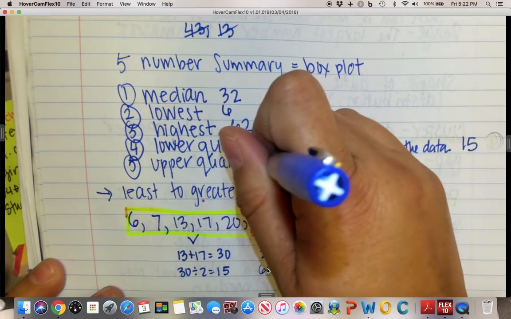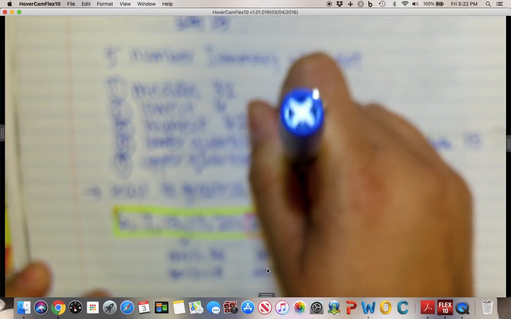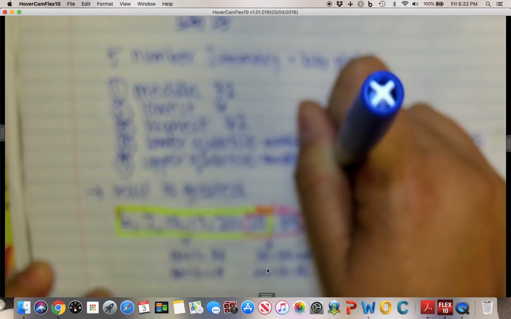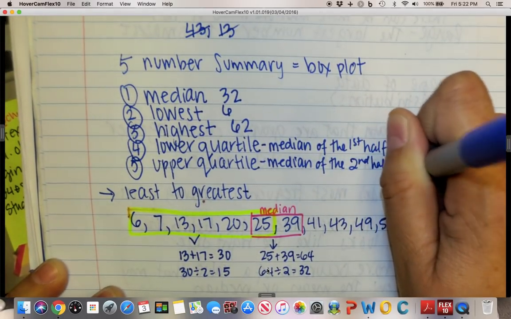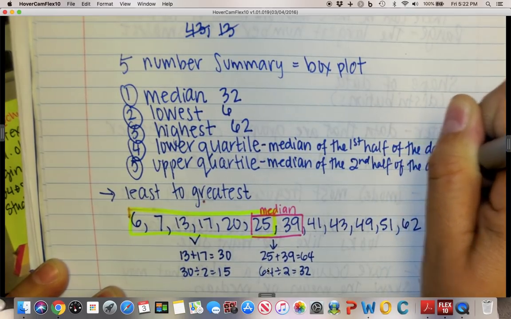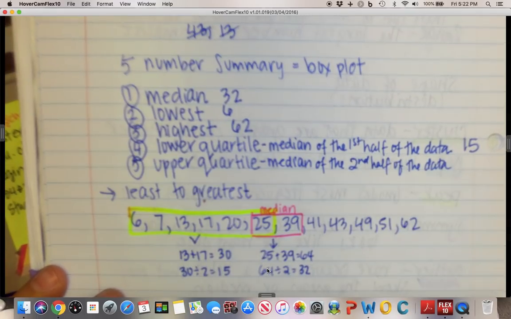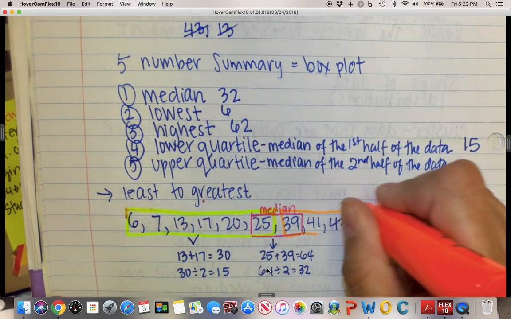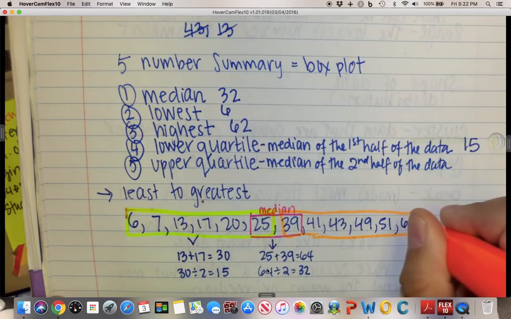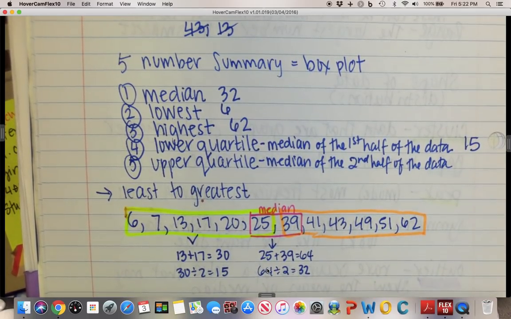The upper quartile is just the median of the second half of the data. And again, we have an even amount of data, so I'm going to have to find the mean or average. Okay, so here's the upper part.